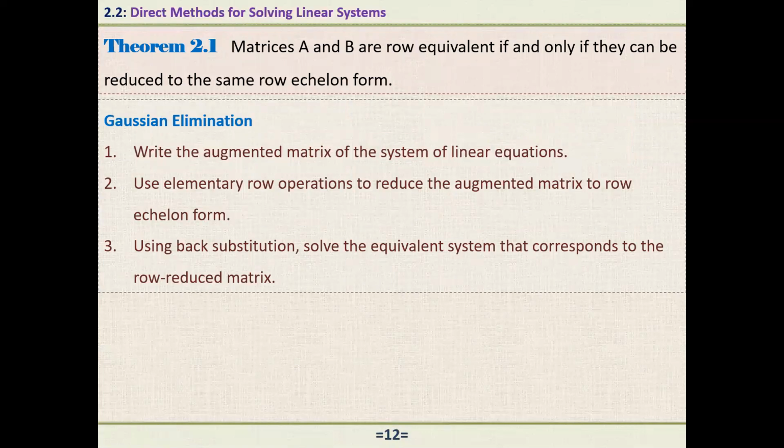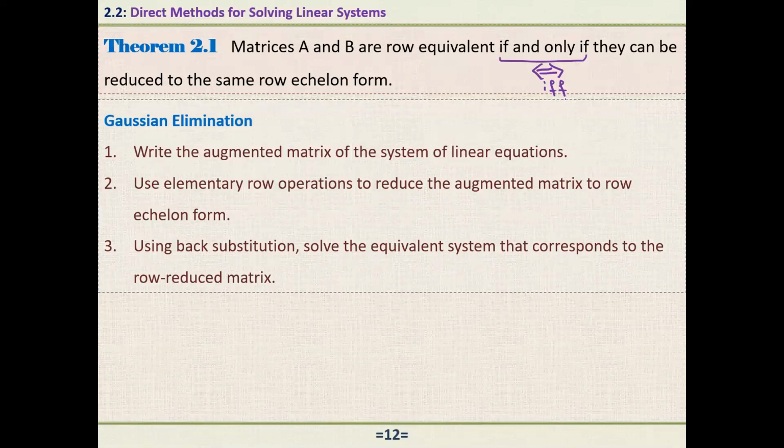Okay, now we have an important theorem here. Matrices A and B are row equivalent if and only if they can be reduced to the same row echelon form. The mathematical symbol for if and only if is this, or sometimes we just write IFF. What does it mean?